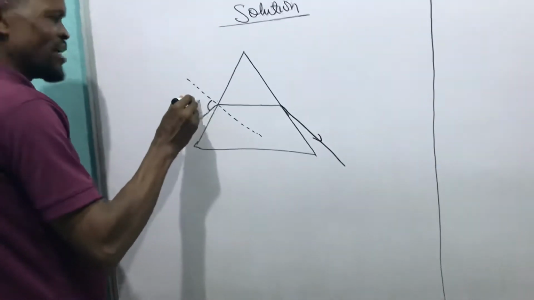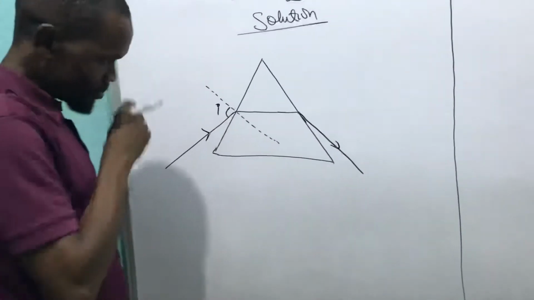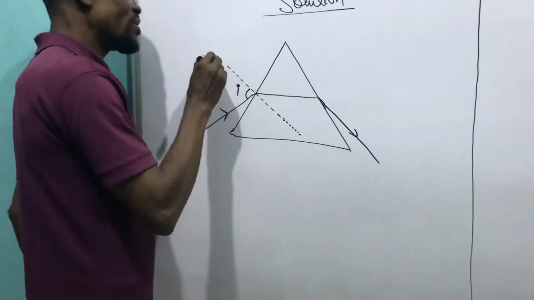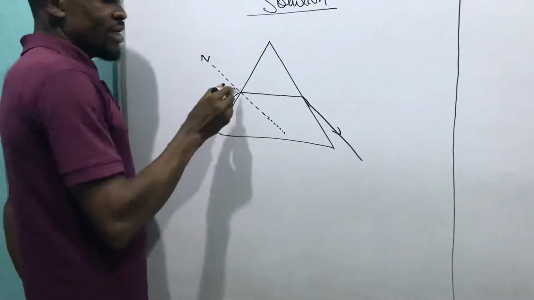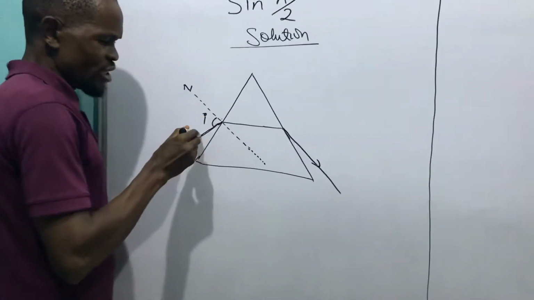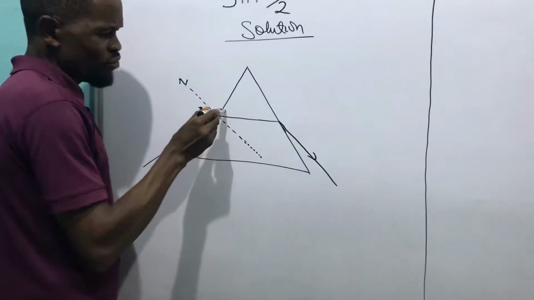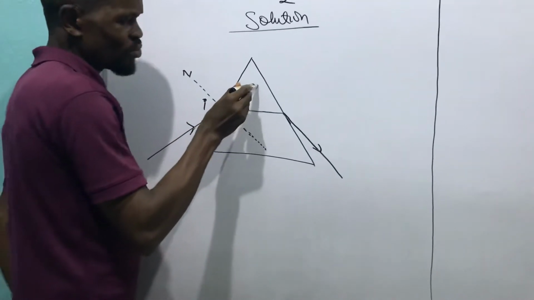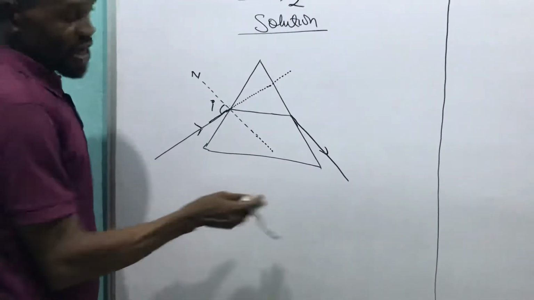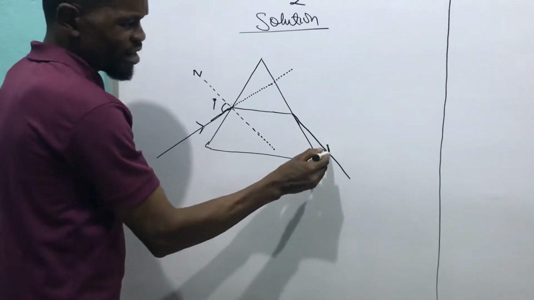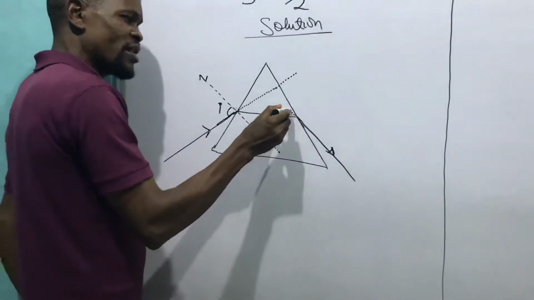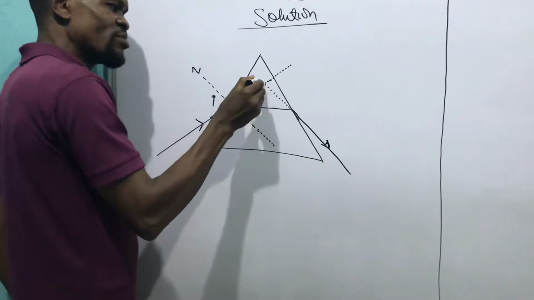And this becomes my incident angle. That's my incident angle. This is my normal, N. Now, if someone is watching this ray, he sees that it's supposed to be moving ahead like this. Somebody seeing it coming out from here will assume that it's coming from here.